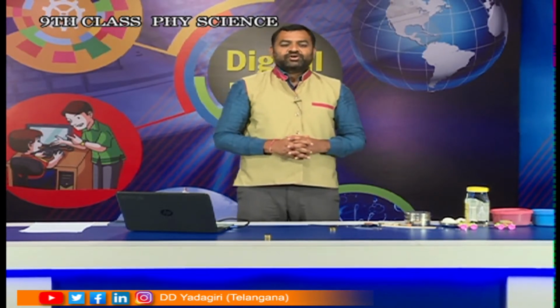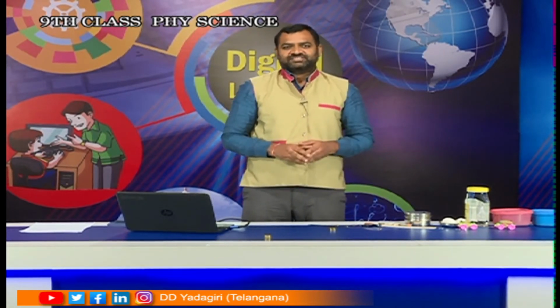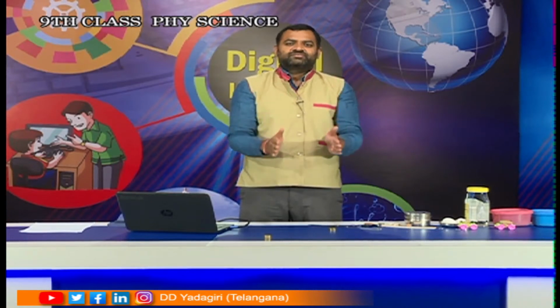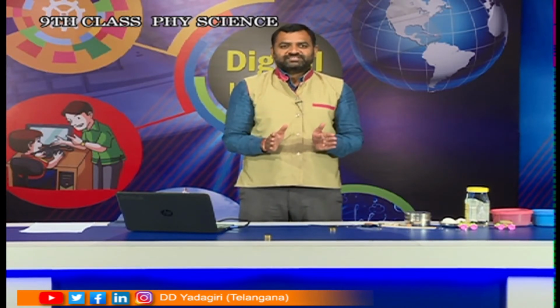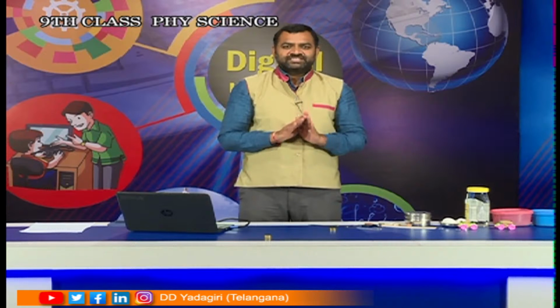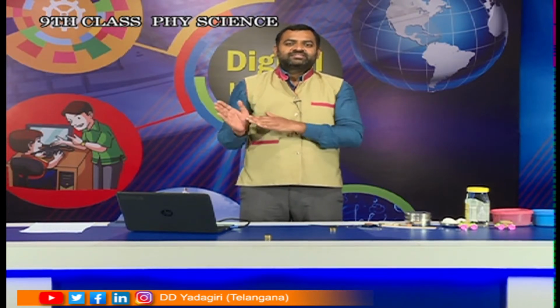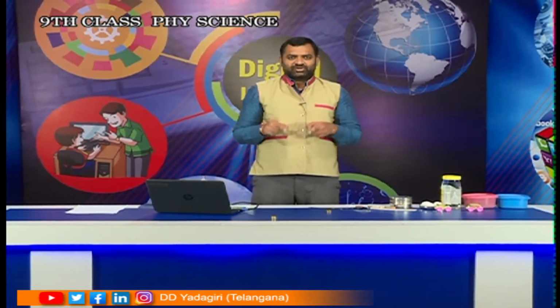It is because objects at rest would like to be at rest. All the coins in the stack which were at rest want to remain at rest, and hence they did not want to move when we tried to push them suddenly. So, it is only the bottommost coin which will move because we are directly pushing it. The others, which are not directly in contact, would like to remain at rest.